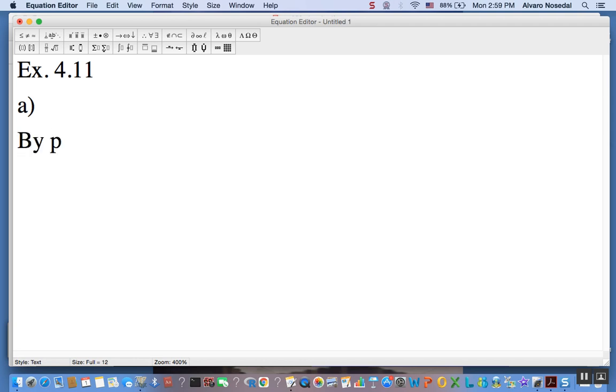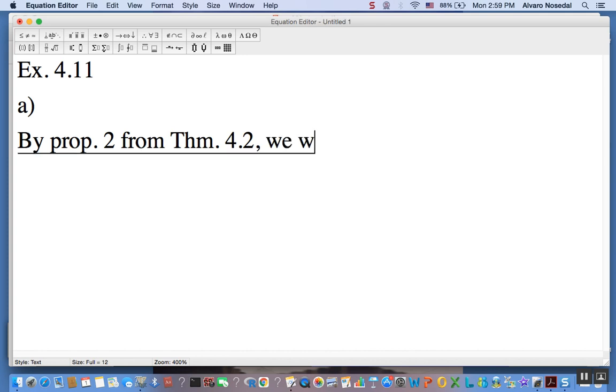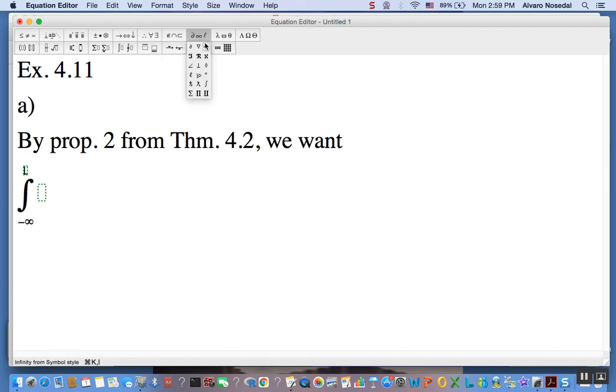We want the integral between negative infinity and infinity of f of y with respect to y. We want that integral to be equal to 1. Guys agree?